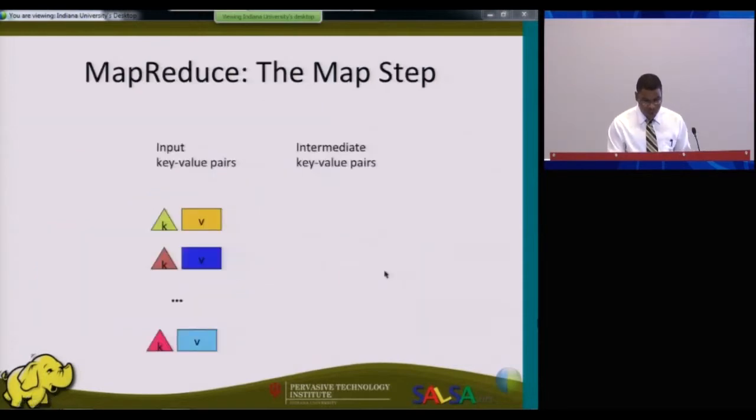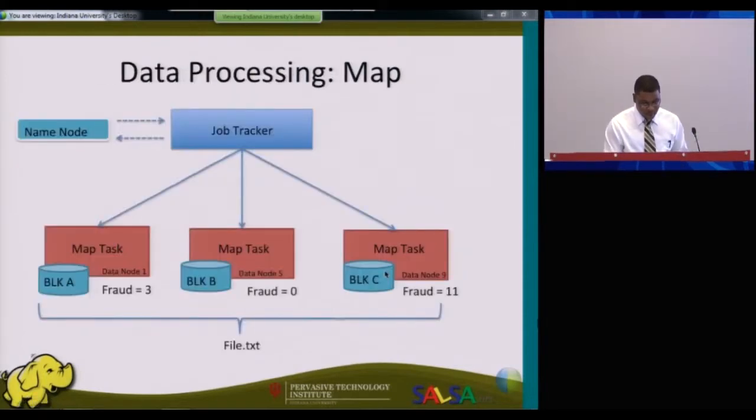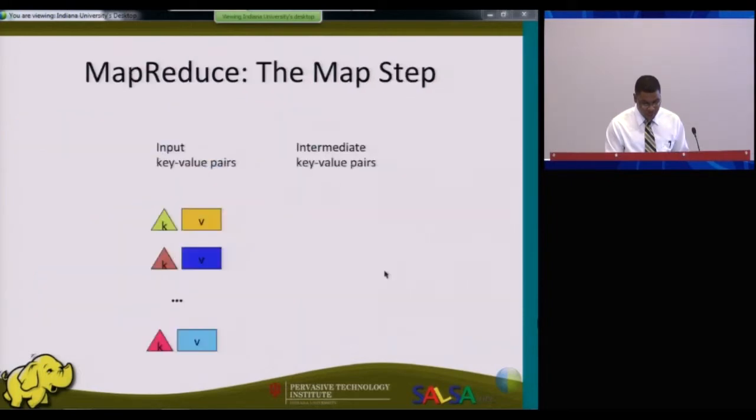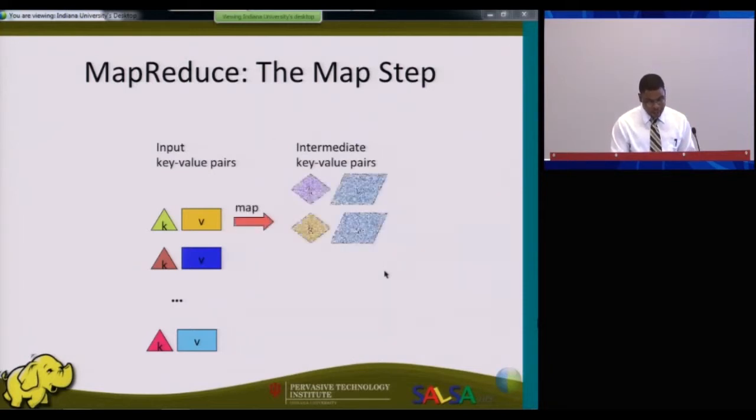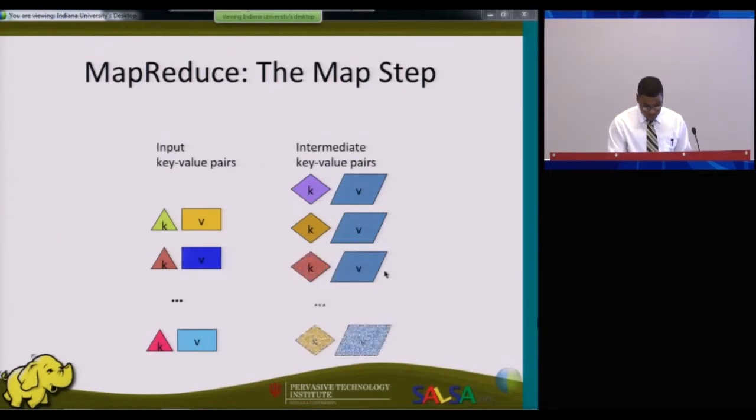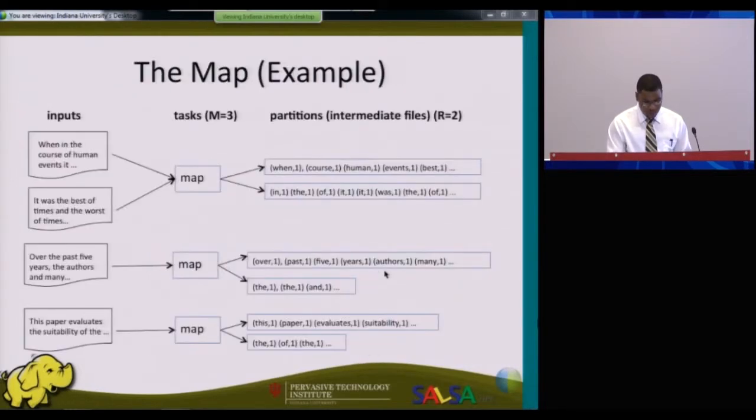So this was somewhat of an abstract view of the map task. To put things into a little more perspective, if I have keys and my values, then I map, depending on what your application is, to produce intermediate key-value pairs. But let's think of a more detailed view.